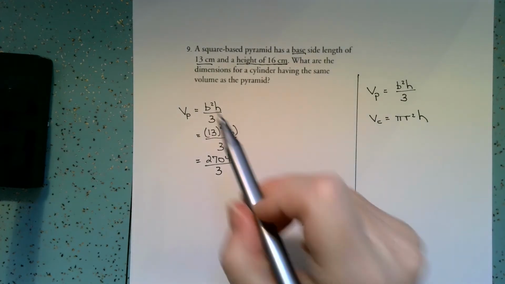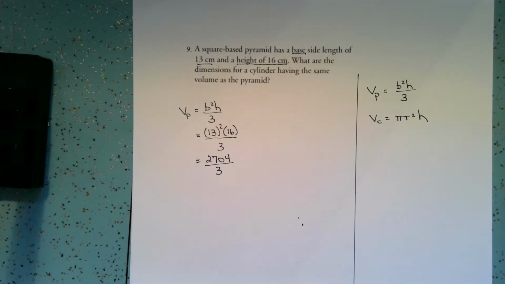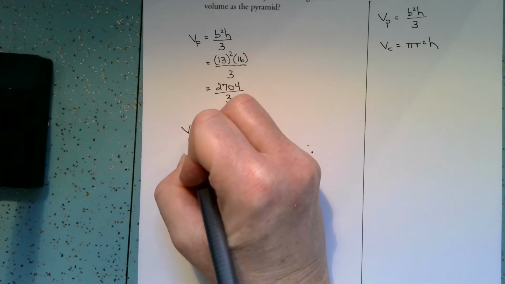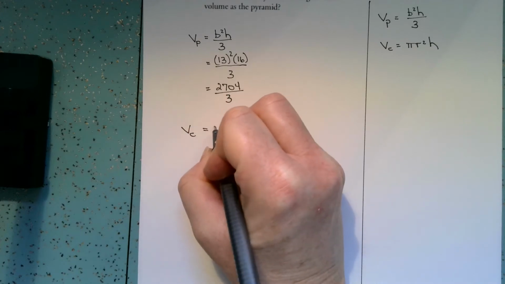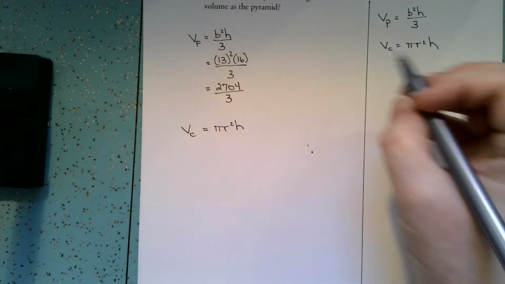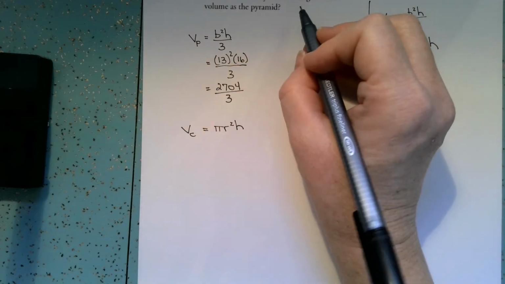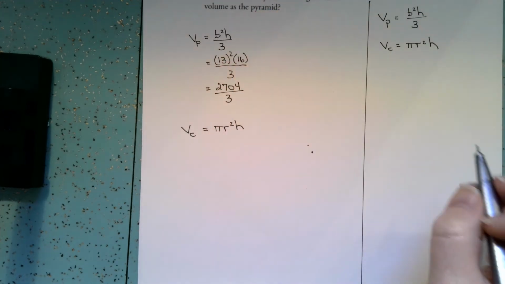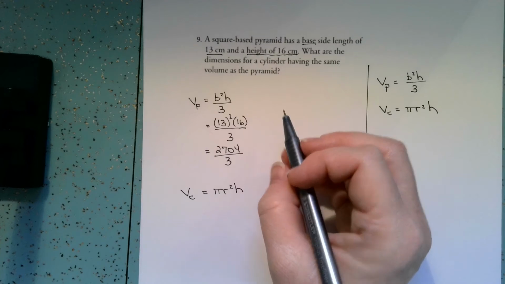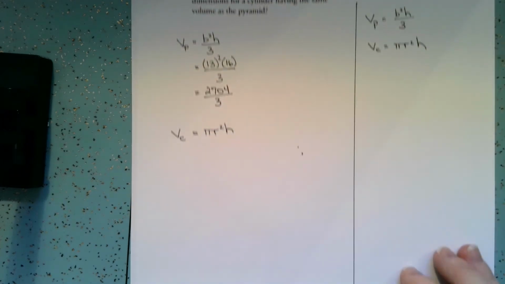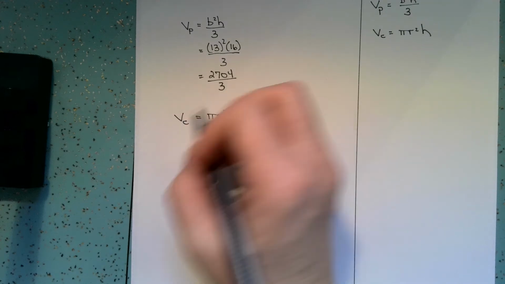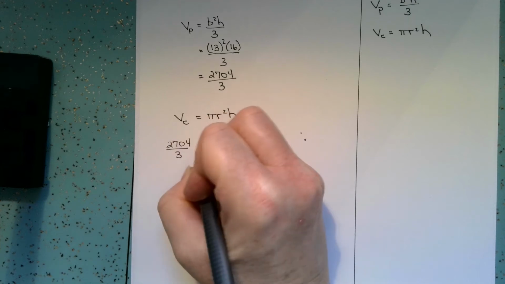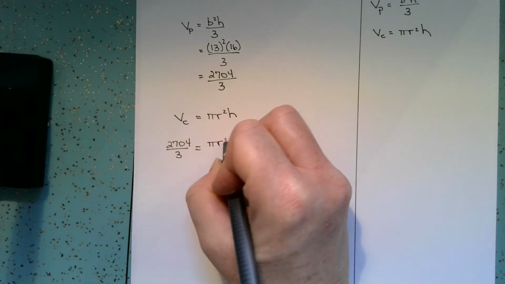So that's what the volume of the cylinder has to be. Now I'm going to say that the volume of the cylinder equals pi r squared h. The volume of the cylinder is the same as the volume of the pyramid, so I'm going to replace this with 2,704 divided by 3 is equal to pi r squared h.